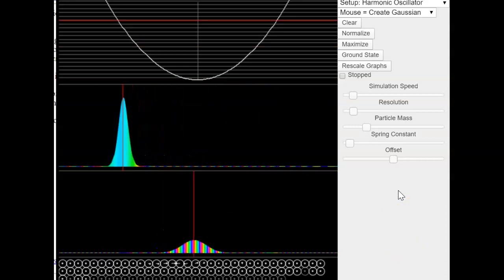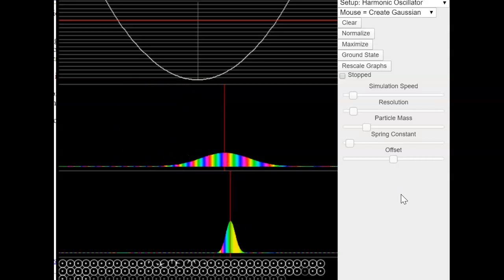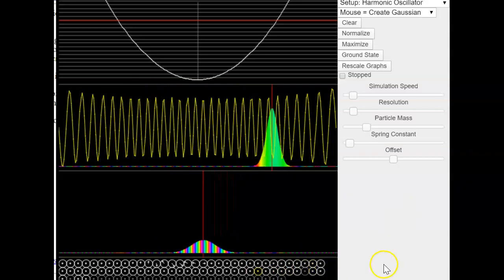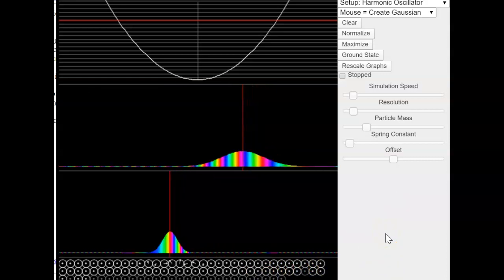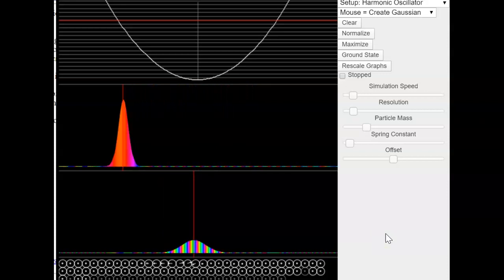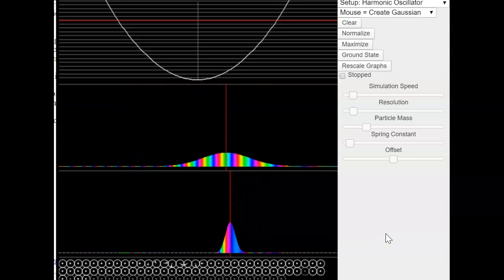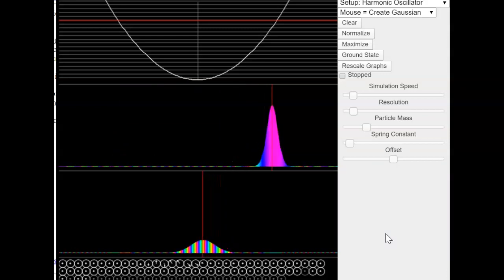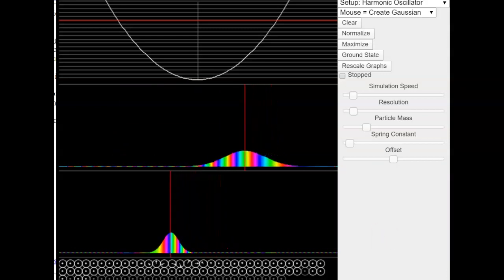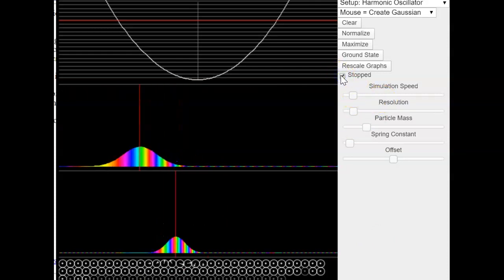So why is this? The key here is to look at these superpositions, where we have all of these different phases happening, and the phase is different in our initial situation of that translated ground state versus just creating a Gaussian.